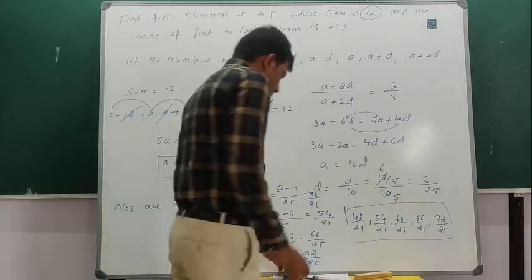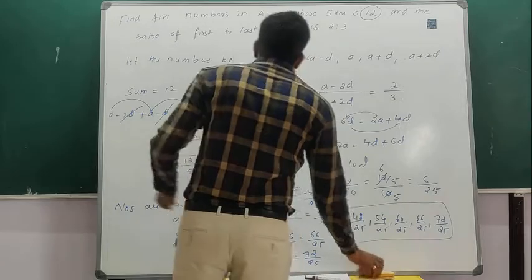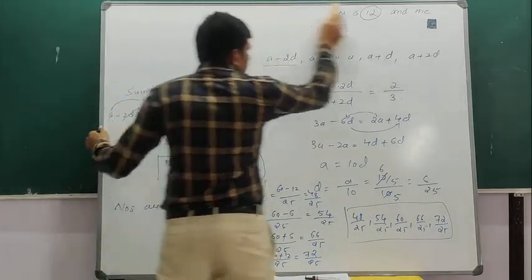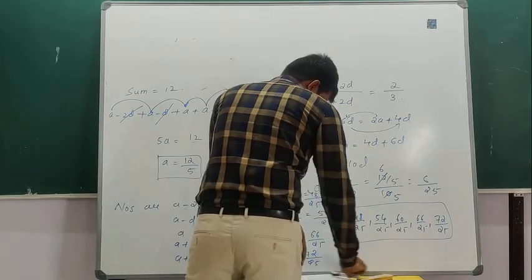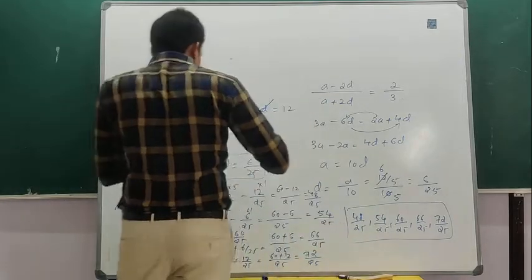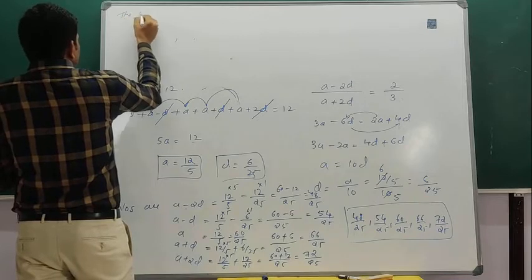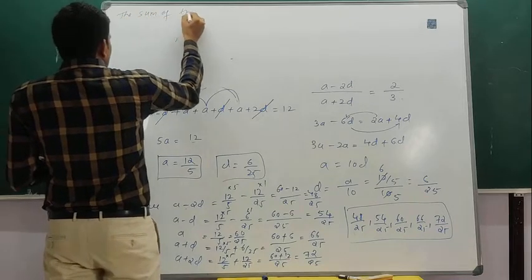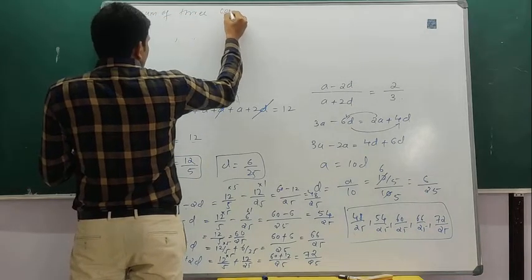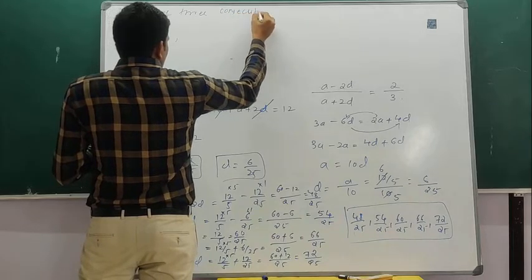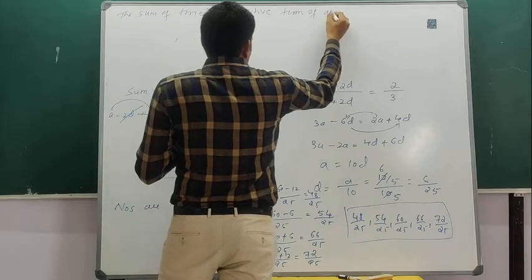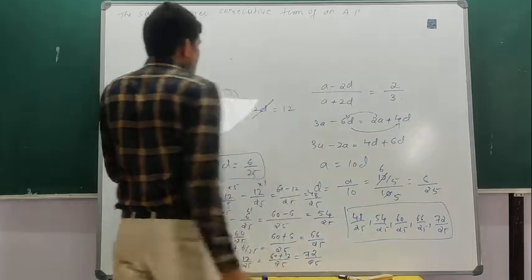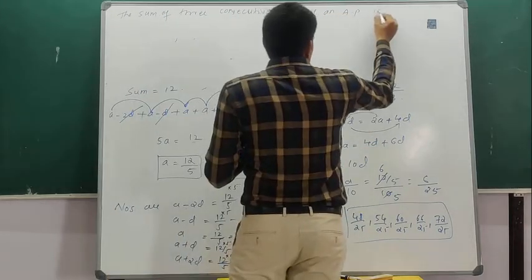Right? See students, next we will go for one more. The sum of 3 consecutive terms of an AP is 21.